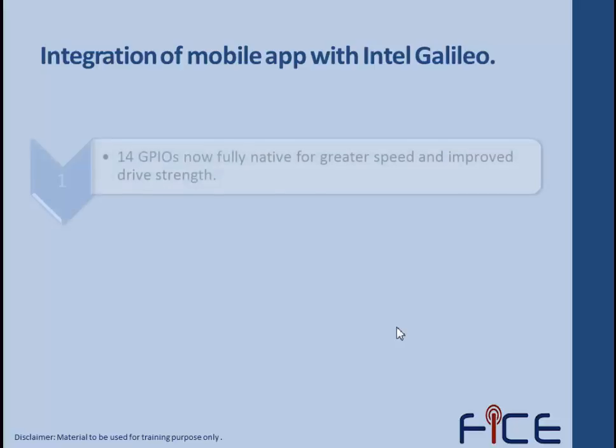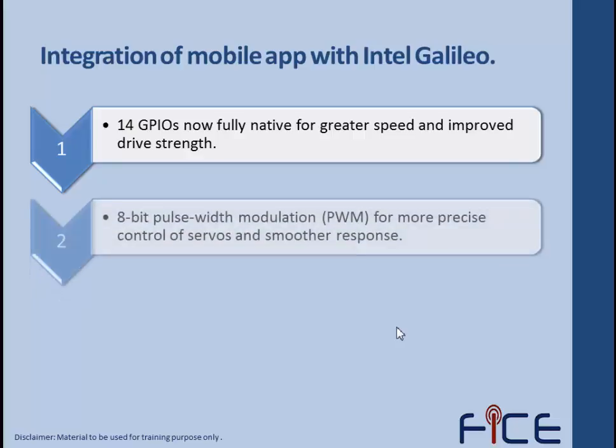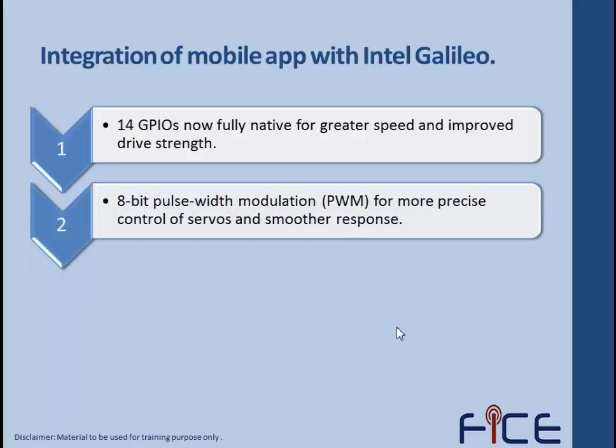First, it has support for 48 GPIOs which are fully native for greater speed and improved drive strength. It also supports 8-bit pulse width modulation for more precise control of servos and smoother response.